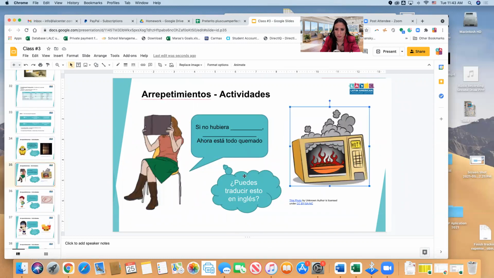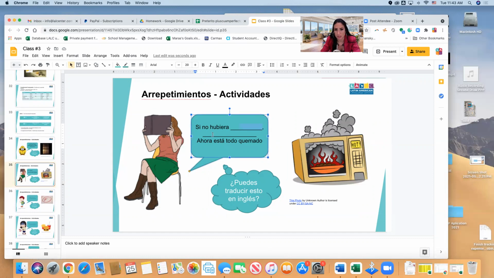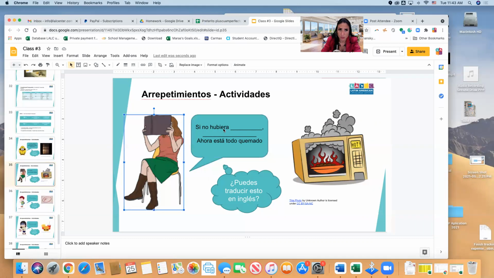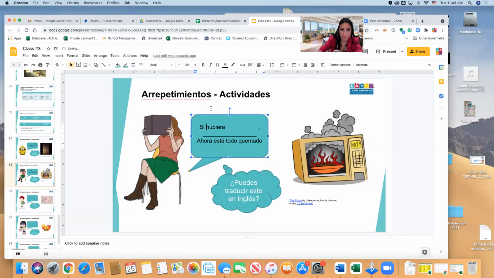Si no hubiera, you see what happened here. Si no hubiera leído este libro, habría prestado atención, por ejemplo. O si no me hubiera ido de la cocina, ahora habría tenido un pollo cocido. Si hubiera prestado atención, right?